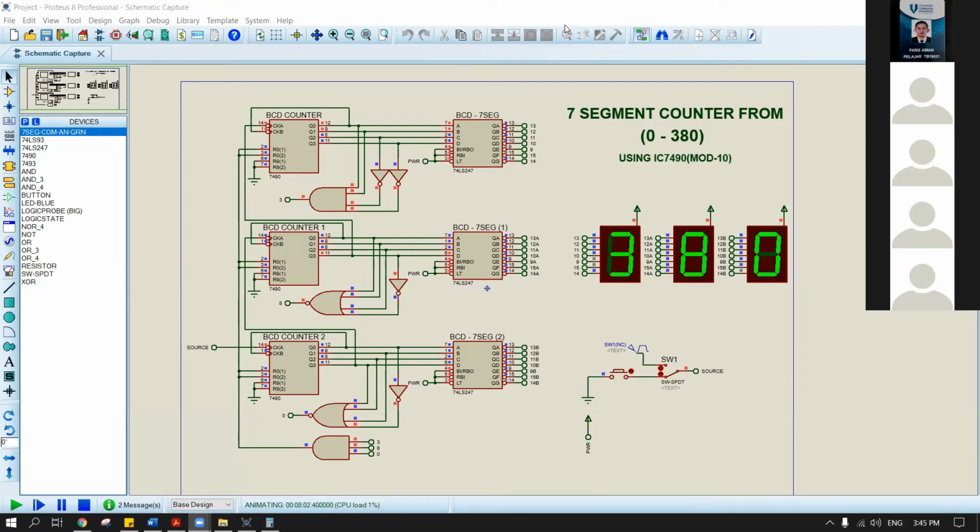Sorry, pardon? For the other IC mode 16. What's the difference? Just now you said what? What were you asking just now? He said he fully understands. No, I don't have any question.